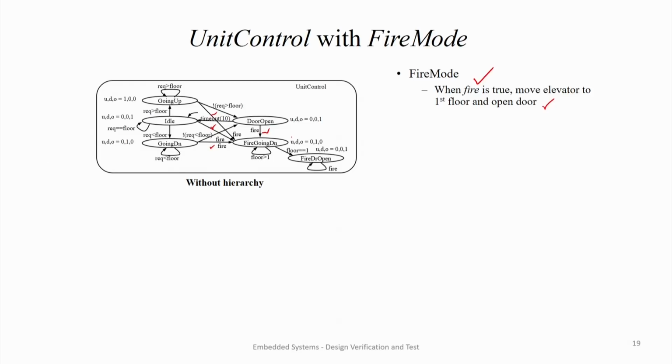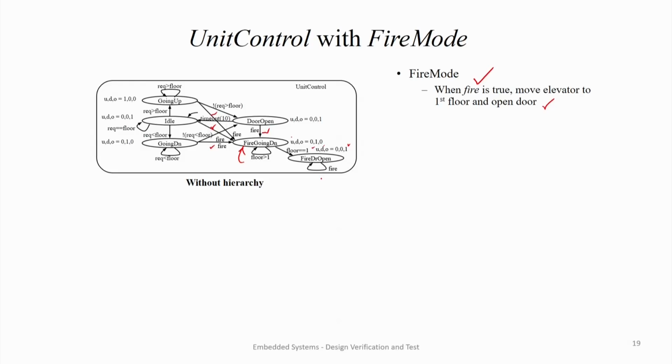Now, from there, when floor equals 1 is reached, till floor is greater than 1, you move in this self loop and remain in fire going down. So, when you have come down to the first floor, then you open the door, so your up is 0, your down is 0. So, you remain stationary in the first floor and you open the door, and so open is 1, until you have fire.